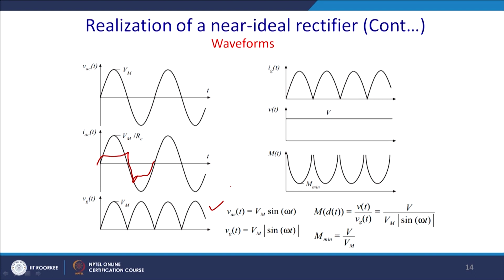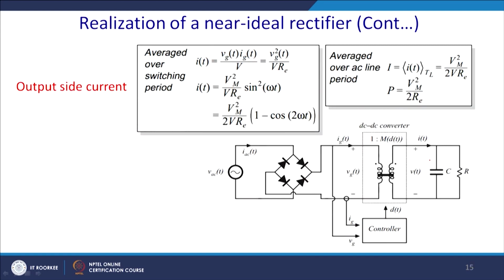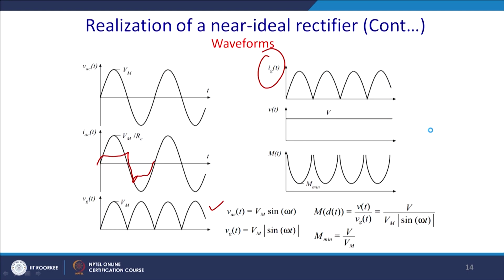and Ig should be the same thing, because you have assumed that it is just divided by R, just an amount of scaling. But in output you want a constant DC voltage, let us say 18 volt or whatever it may be. So, we require to change the modulation index.